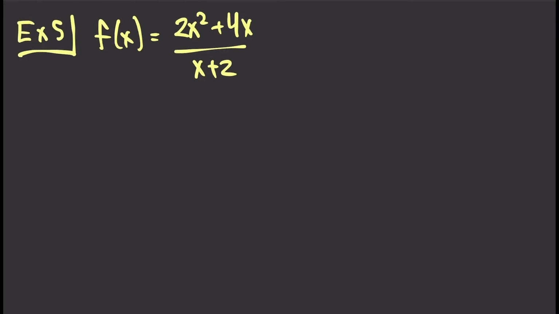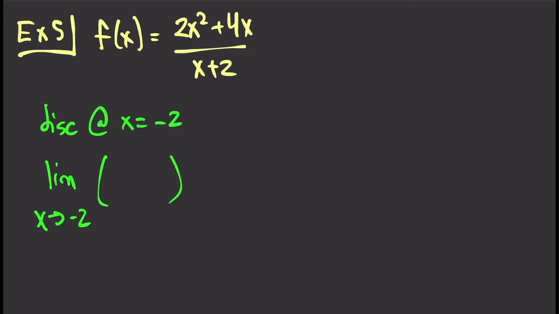Okay, so again, what I'm going to look at here is where it has discontinuity. It has discontinuity when x equals a value that's going to make this 0. So it has discontinuity at x equals negative 2. Now I'm going to take the limit as x approaches negative 2 of that function.